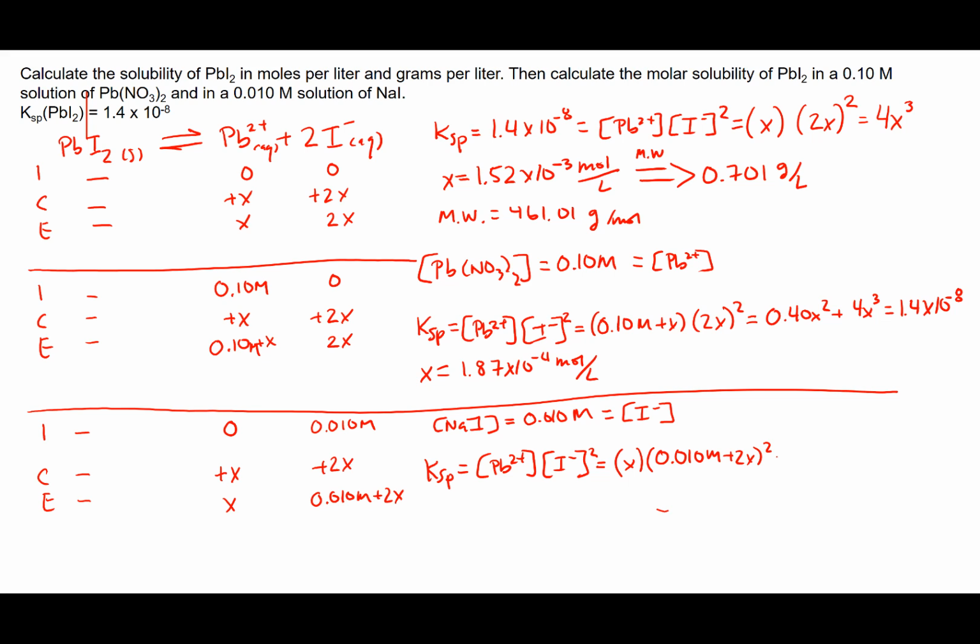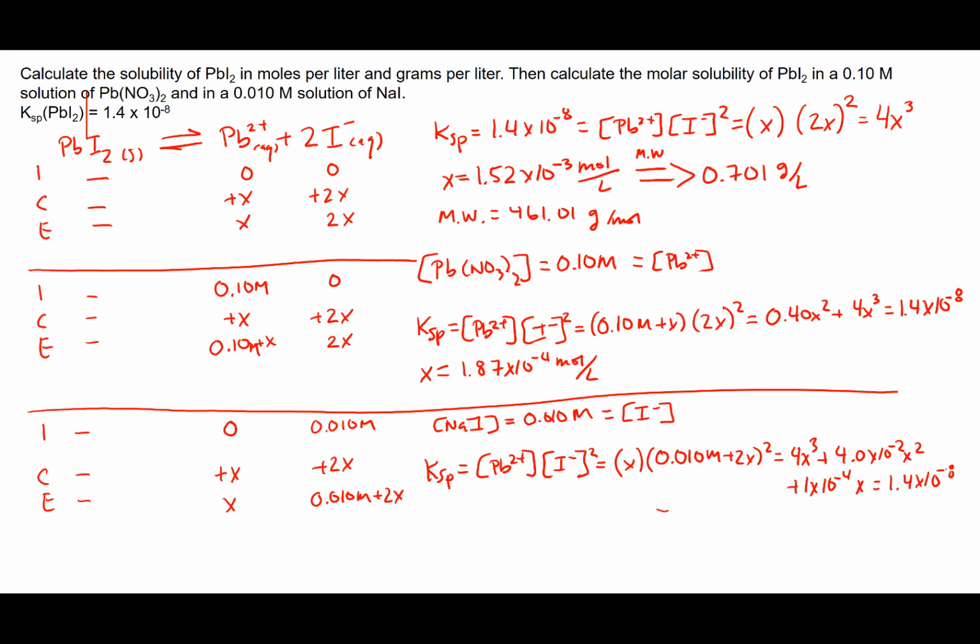So we work our way through it, and what we get is 4x cubed plus 4.0 times 10 to the negative 2 x squared plus 1 times 10 to the negative 4 x, and that's going to be equal to 1.4 times 10 to the negative 8, which is the Ksp value in that case.